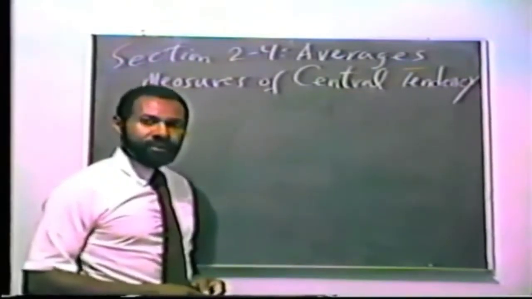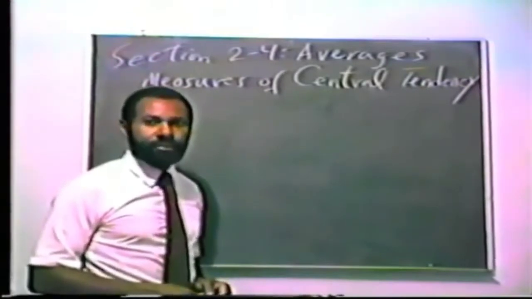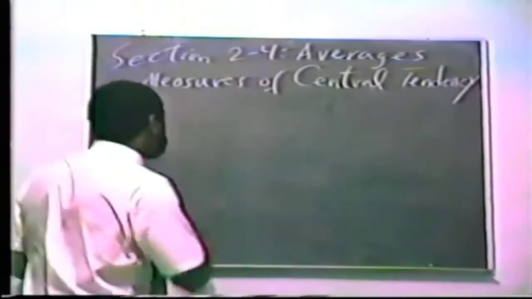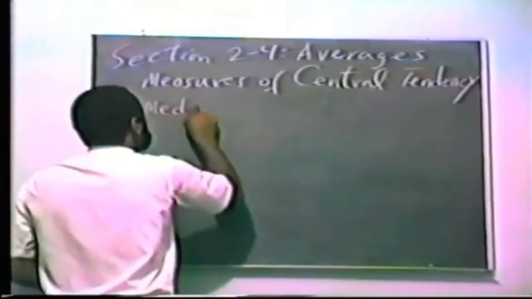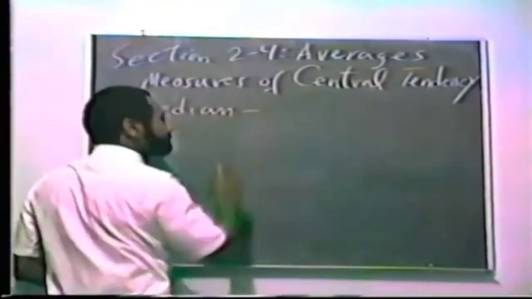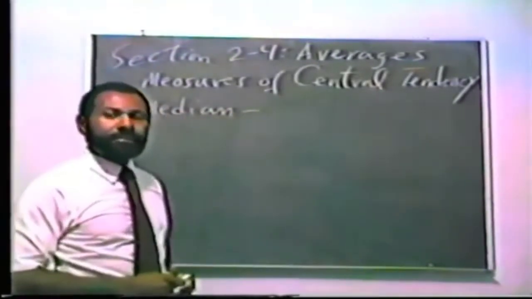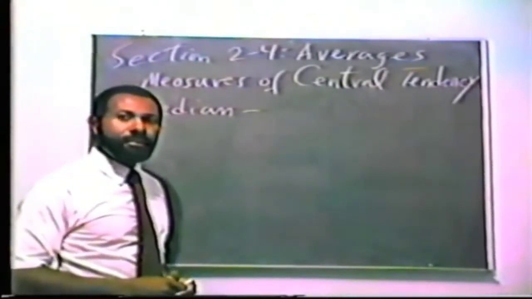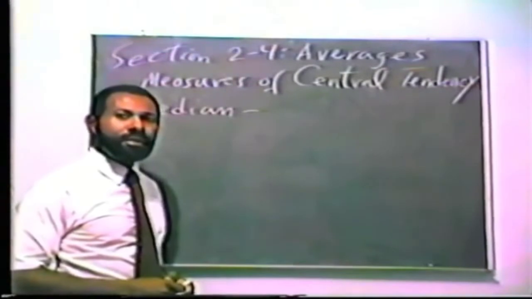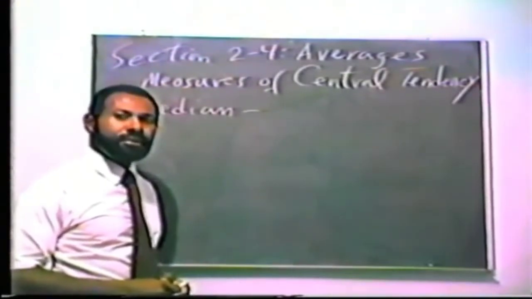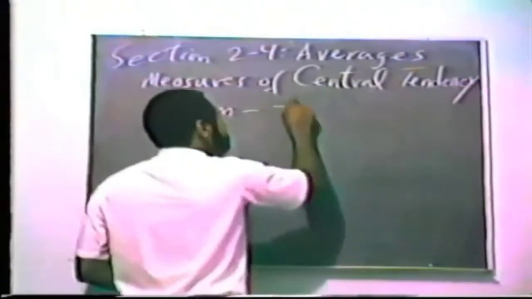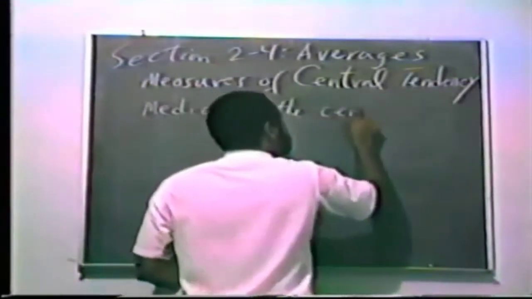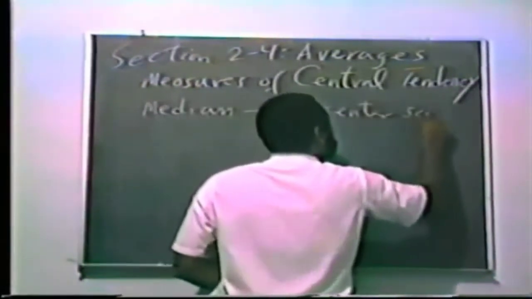The first measure of central tendency that we shall discuss is what we call a median. The median is the score at the center of the data set. It's the center score.